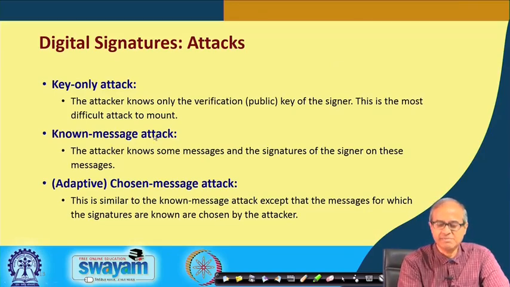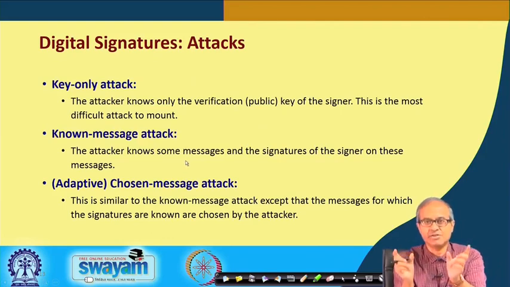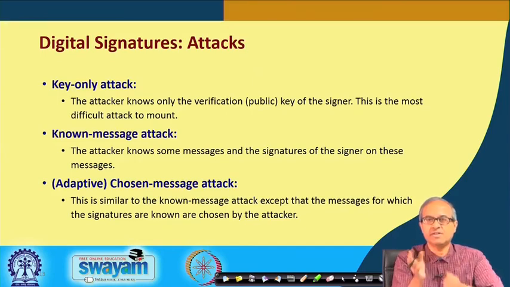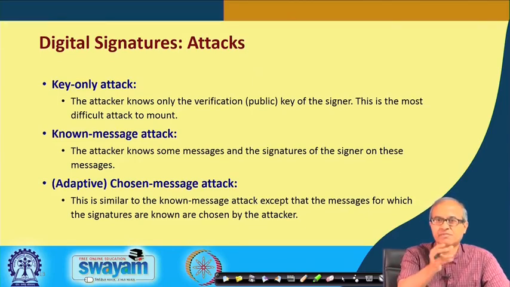Known message attack means the attacker knows some message and signature pairs. With that, it can analyze and try to find out whether you can make some modifications and generate a valid signature or not.